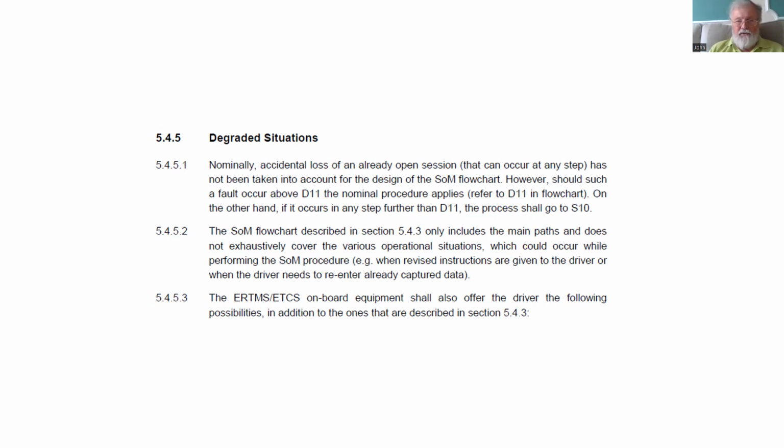And 5.4.5.2 reminds us that only the main paths are covered, and then it goes on in 5.4.5.3 and subsequent sections to describe a number of degraded scenarios and alternative paths through the flowchart or between elements of the flowchart. So in order to understand fully what can occur, you need to look at the procedure table, the flowchart, and the list of degraded situations.